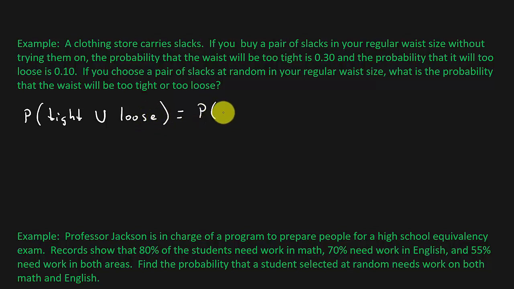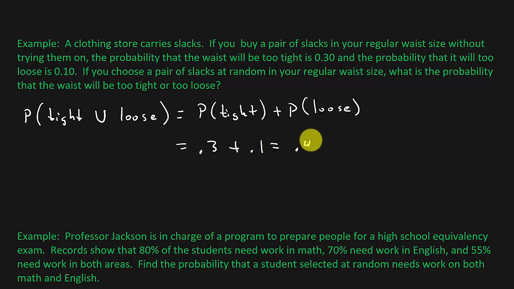That's the probability that the pants are too tight plus the probability that the pants are too loose. All right, so let's see. Too tight, that's 0.3. They go ahead and give us the probability plus the probability that they're too loose, which is 0.1. So that is equal to 0.4.